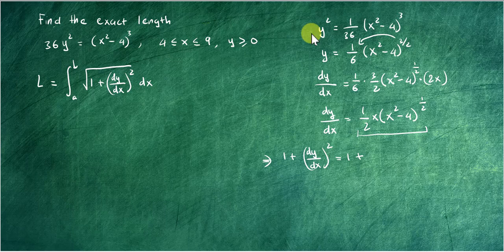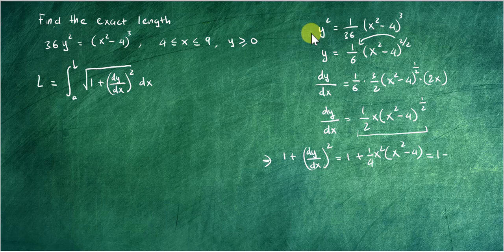When I square that, the 1/2 becomes 1/4, and the x becomes x squared, and the other factor, which has the 1/2 power, when you square that, you get a power of 1. And then of course you can make the distribution to the second term.